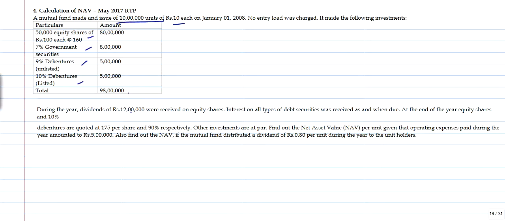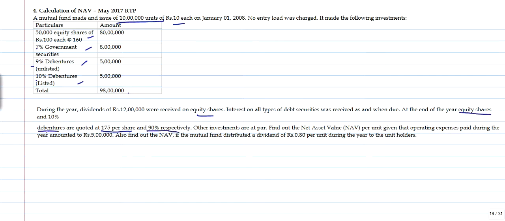During the year, dividends of 12 lakh were received on equity shares. So return number 1 on equity shares, 12. Interest on all types of debt, government securities, debentures, received as and when due. At the end of the year, equity shares and 10% debentures are quoted at 175% and 90% respectively.